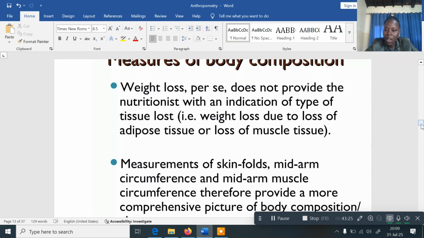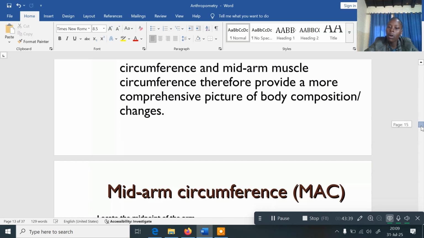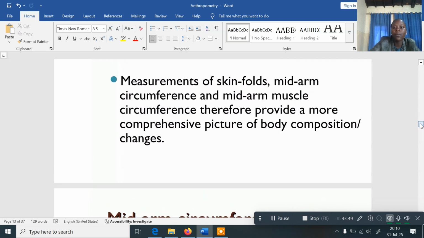But measurements of the skin folds, the mid-upper arm circumference, and the mid-arm muscle circumference provide a more comprehensive picture of the body's composition or changes. So that's why we are so interested in them, okay? That is the mark, the skin folds, because they bring out the actual picture of the body's composition.